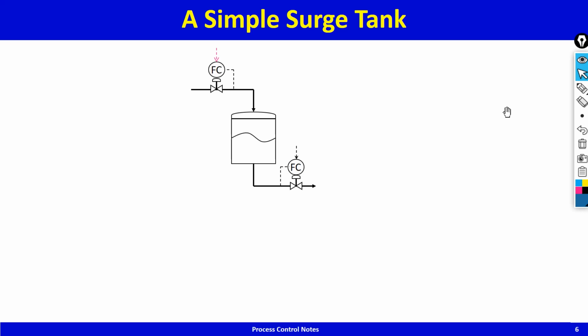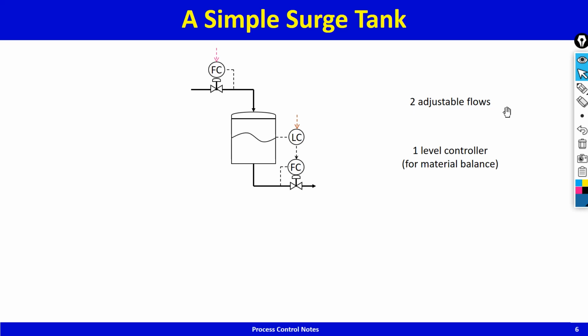One of the flows will have to be set by the level in the tank, to stabilize the level in the tank. And I'm showing one possible configuration where flow in is independent and the level controller is setting flow out set point. So in this case, there are 2 adjustable flows, so the control degrees of freedom is 2.